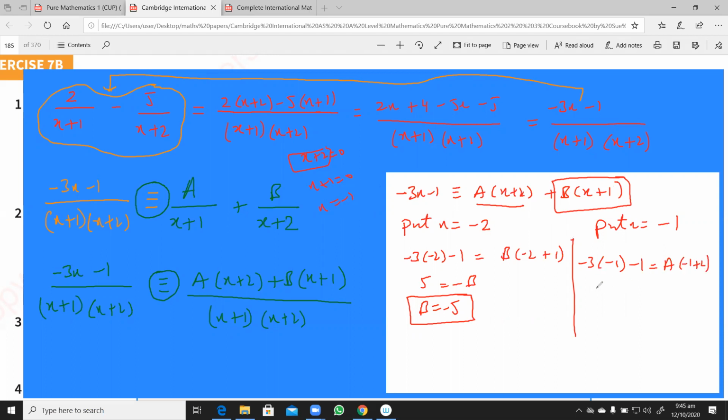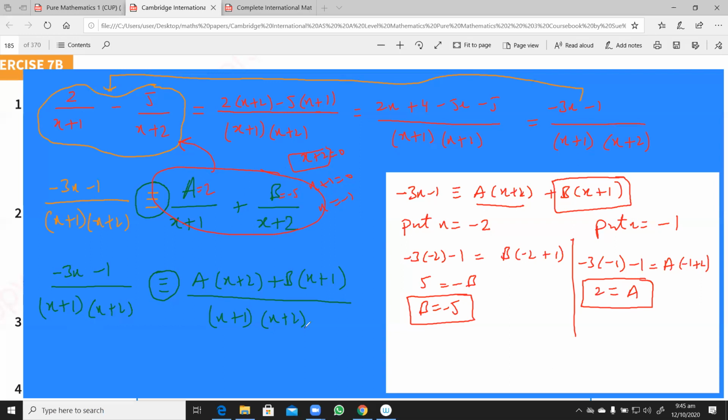So this is 3 minus 1, that is 2, and that is equal to a. Okay, so we got the values of a and b. If you put your a as 2 and your b as minus 5, you see that we have got these two fractions back.